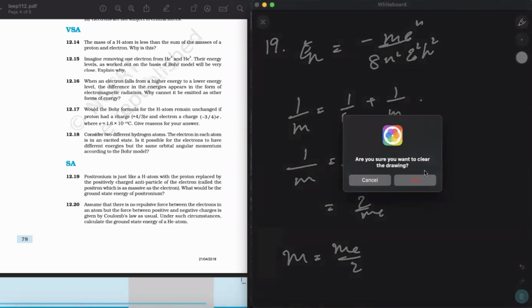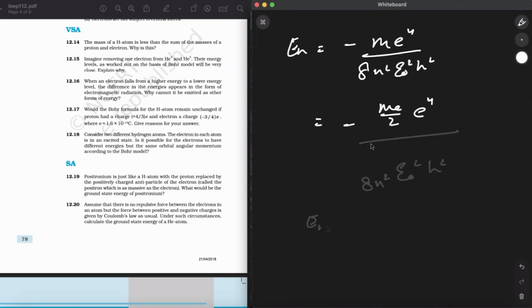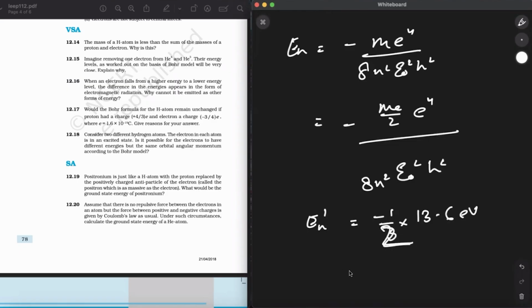Therefore the energy of the positronium atom En dash is minus e to the power 4 upon 8 n square epsilon naught square h square, with the mass replaced by m by 2. So En dash will be equal to minus 1 upon 2 times 13.6 electron volt, which is minus 6.8 electron volt.